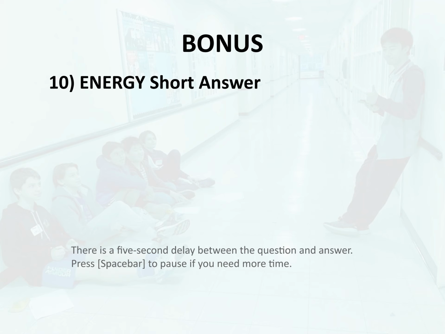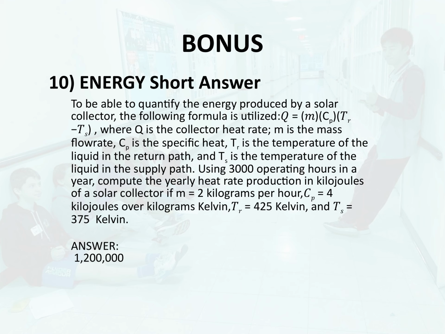Using 3,000 operating hours in a year, compute the yearly heat rate production in kilojoules of a solar collector if m equals 2 kg per hour, C sub P equals 4 kilojoules over kilograms Kelvin, T sub or equals 425 Kelvin, and T sub S equals 375 Kelvin. Answer: 1,200,000.